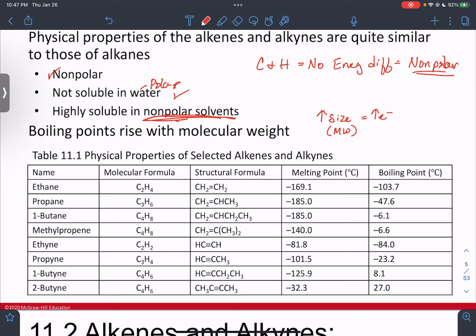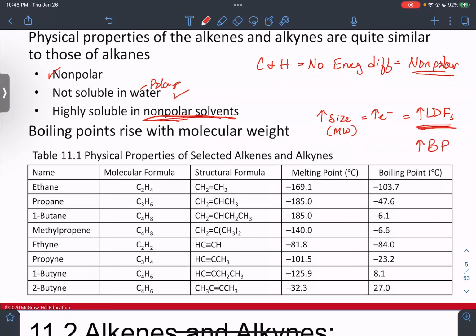And remember how we said that the interactions between nonpolar molecules are London dispersion forces, and that they get these temporary dipoles when they run into things. So the bigger something is, the more electrons it has, the more London dispersion forces it can give. If you have high London dispersion forces, you're going to have a high boiling point.